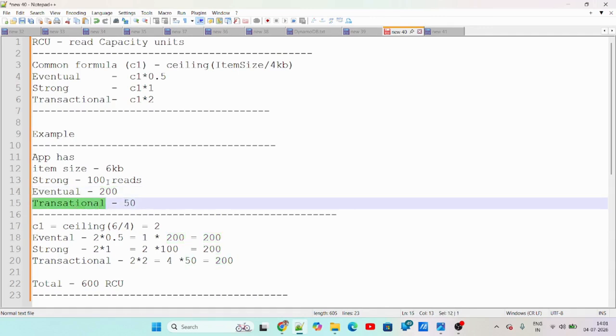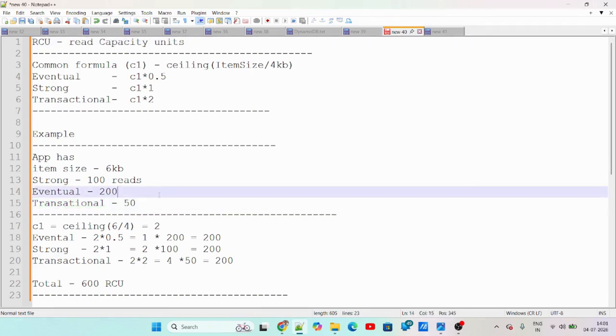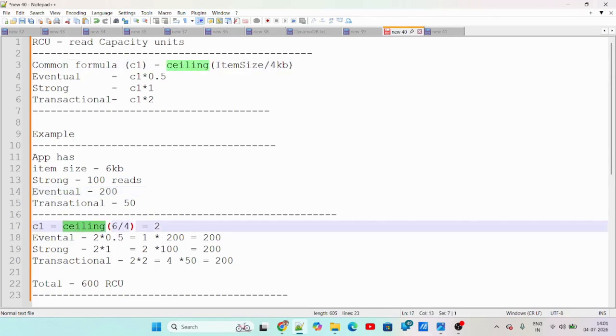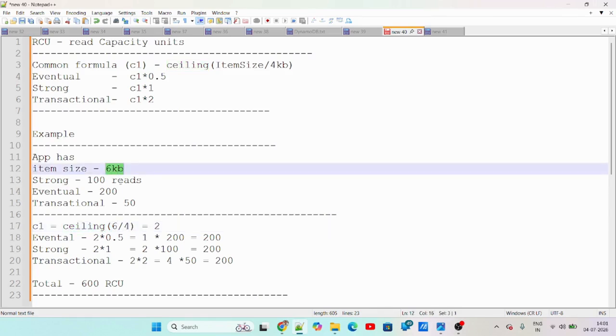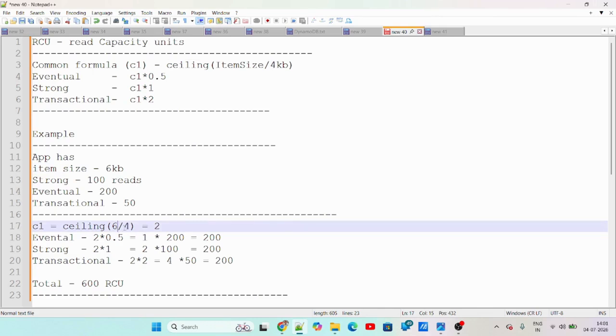So how would you calculate the read capacity units for your application? First is this formula. Here I apply ceiling. My item size is 6 KB, so I apply 6 divided by 4. I get 1.5, and after ceiling it will be 2.